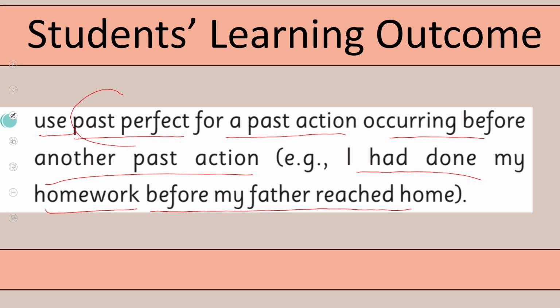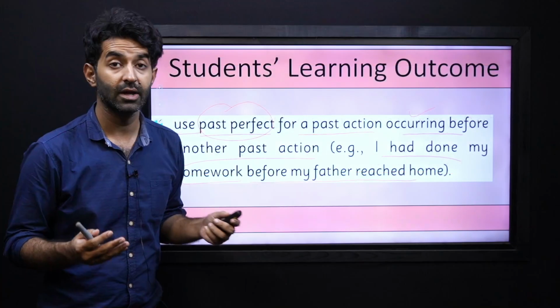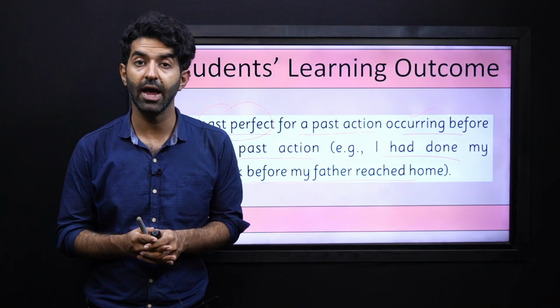We use past perfect for a past action that was completed in the past, and for another purpose as well, that we want to show two past actions, and one is occurring before another one and then the second one happened, just like in the example. Now let's see how we can do it with examples.